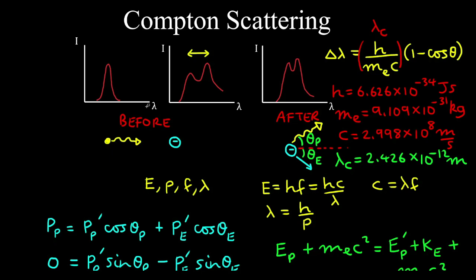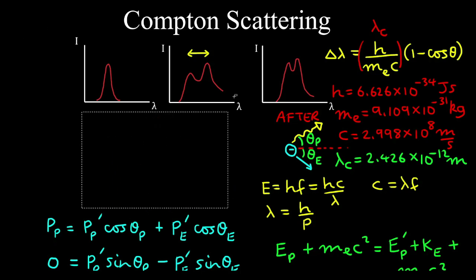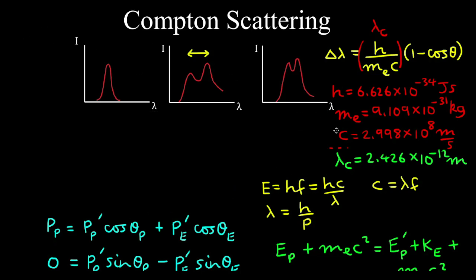Let me just make a bit of room here. So essentially the Compton wavelength is 0.00243 nanometers. If you multiply this by 10 to the 9, or 2.43 picometers.